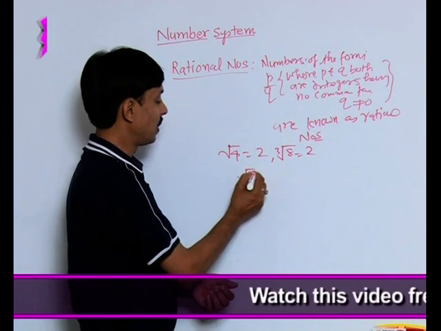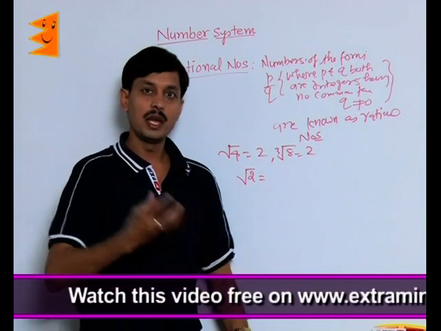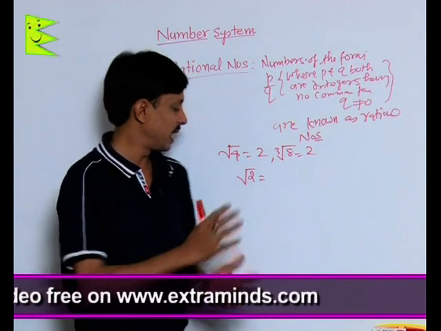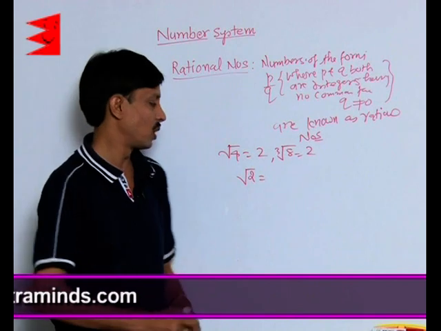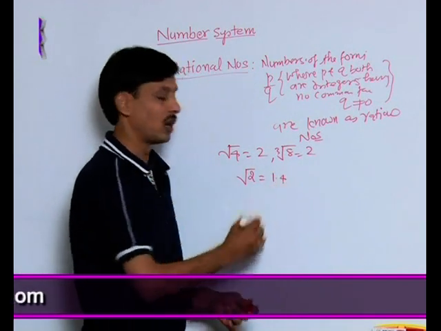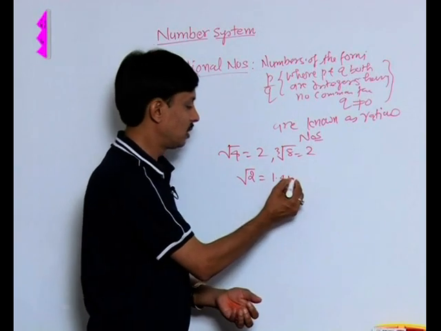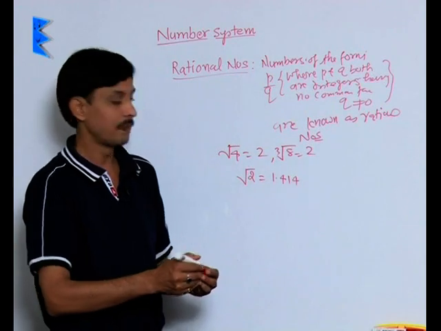But in the case of the square root of 2, this was the problem in class 8th: what is the square root of 2? Generally, as it is not a perfect square number, we find its square root to 1 place, 1.4, to 2 places, 1.41, to 3 places, 1.414, to 4 places, 5 places.